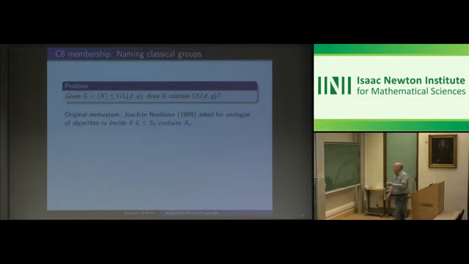And this question played a fundamental role in terms of all that I've been talking about, and here I want to try and give you a little bit of the background of it. In 1988, at an Oberwolfach meeting, the very first held on computational group theory, Joachim Neubüser, who was one of the founding fathers of computational group theory, asked the question at that stage, can you give us an analog of an algorithm which exists to decide whether or not a group which is sitting inside of S_n actually contains A_n?